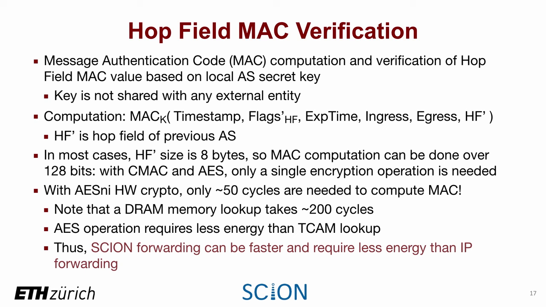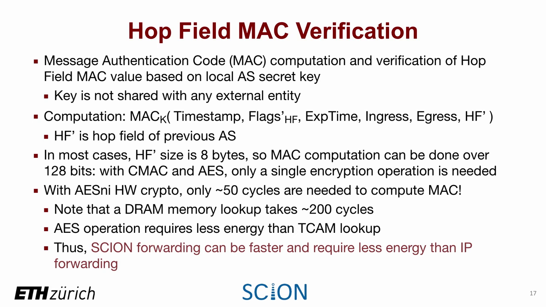It turns out that modern Intel processors have hardware support for AES operations through the AES native interface or AES-NI instructions. And as a result, using these instructions within 50 processor cycles, we can essentially compute an entire message authentication code. This is extremely fast.